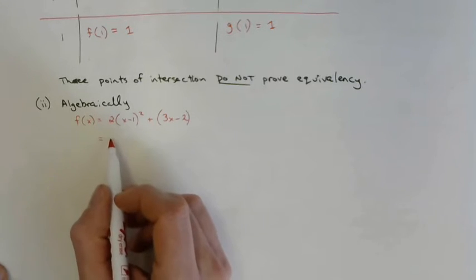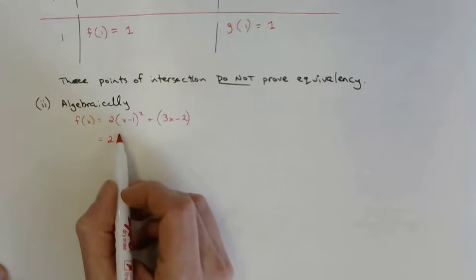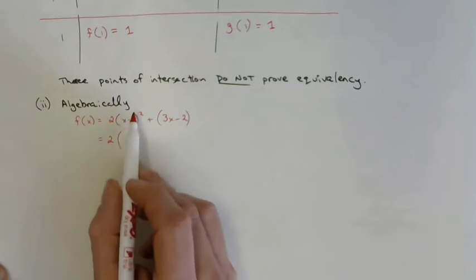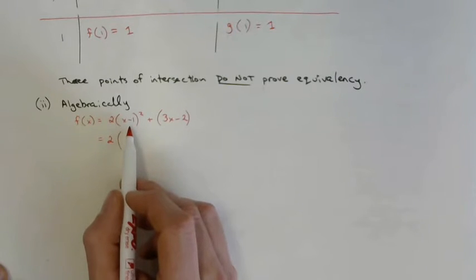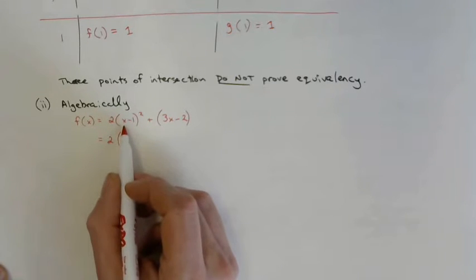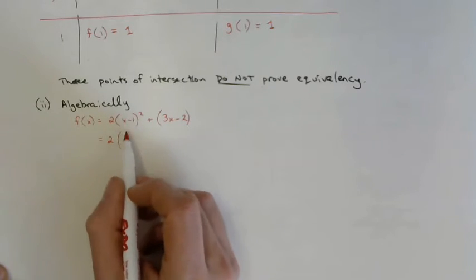Here I see a binomial squared, so I'm going to leave this multiplier 2 out front. This binomial squared is going to become a trinomial when I expand it. You could use FOIL if you needed to, or you can have the pattern memorized. I already know this is a minus b. Can you use the distributive property with 2? You could. The distributive property with a binomial is foiling, but we don't need it because we're smarter than that.